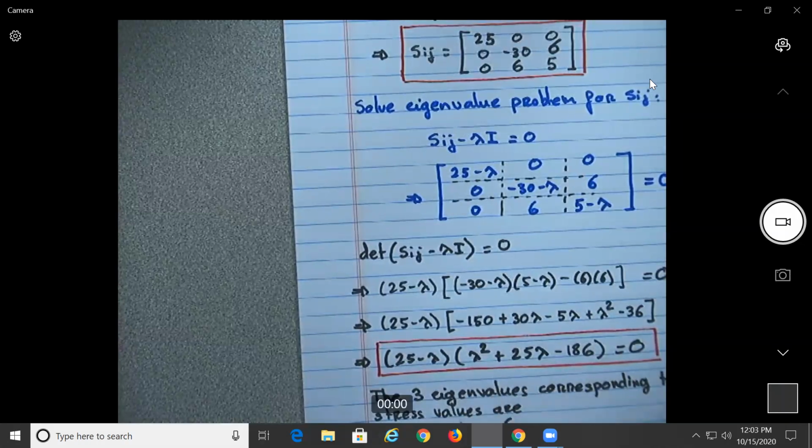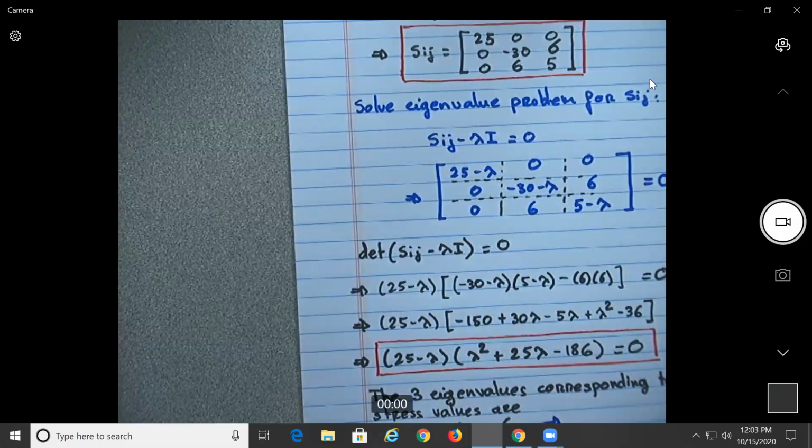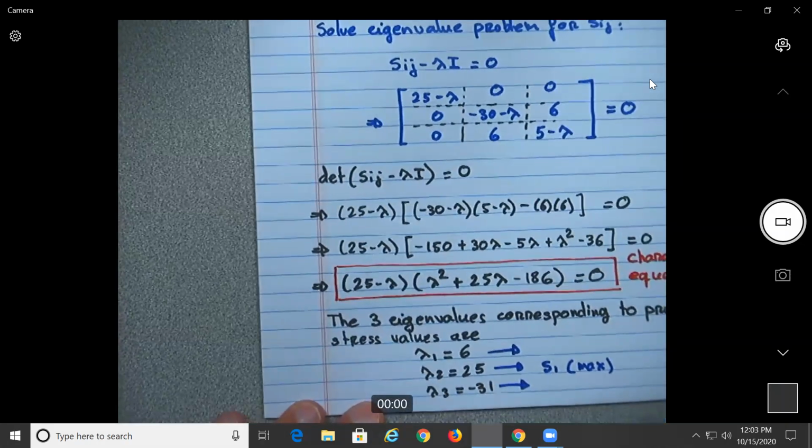Okay? But now what happens is that this will be equivalent to what? This will be the maximum value, S1. This will be the maximum value. S3 will be the minimum value.